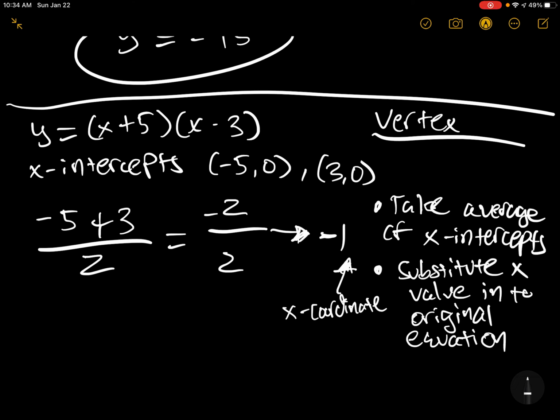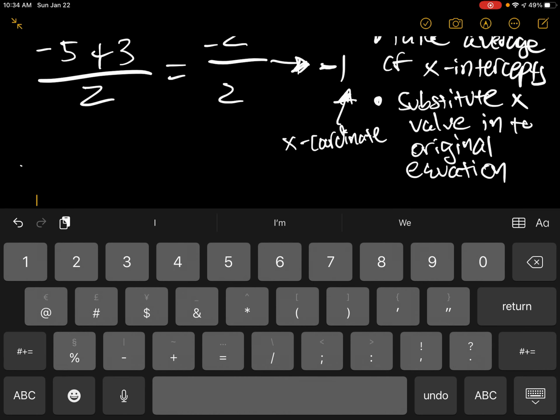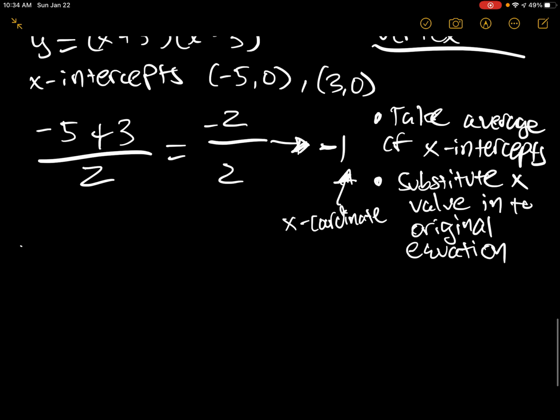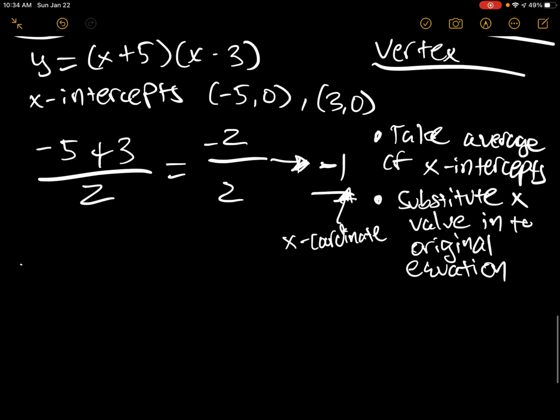So let's go ahead and do that. Every time that we see x, we are going to replace it with -1. So we're going to get y is equal to -1 plus 5 times -1 minus 3.